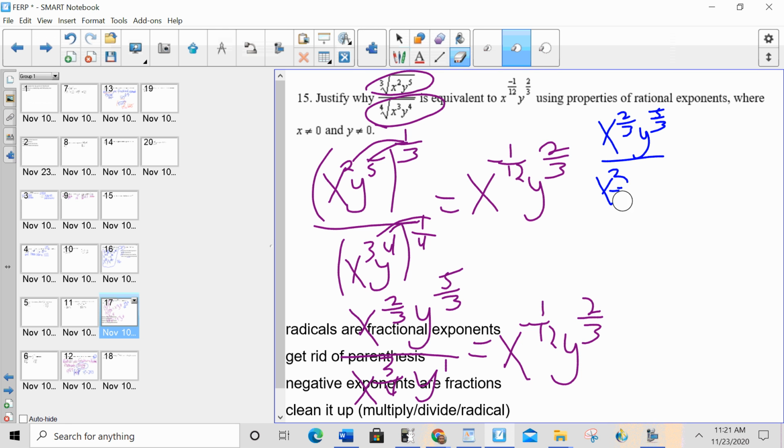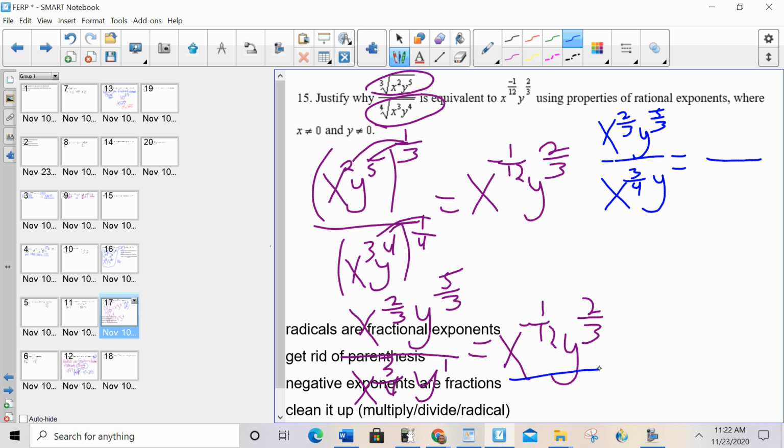And I'm having a hard time writing for some reason. x to the 3/4 y. But on the right-hand side, I do see a negative exponent. Whatever's being raised to the negative power drops. Clean it up, MD. I see division on the left-hand side.